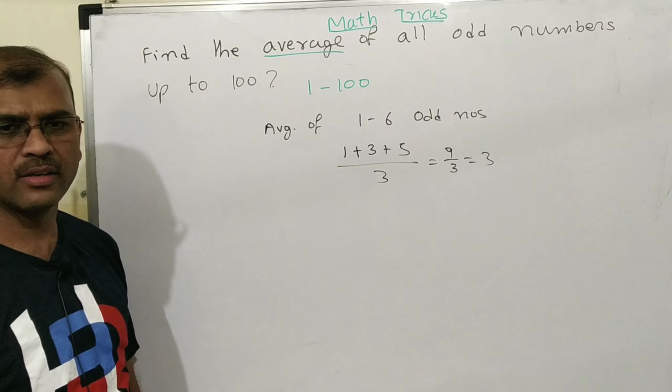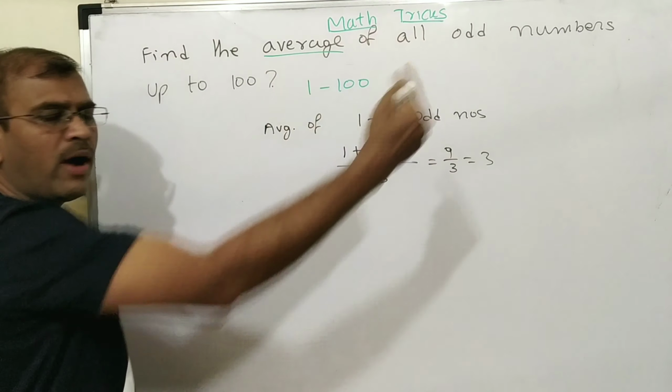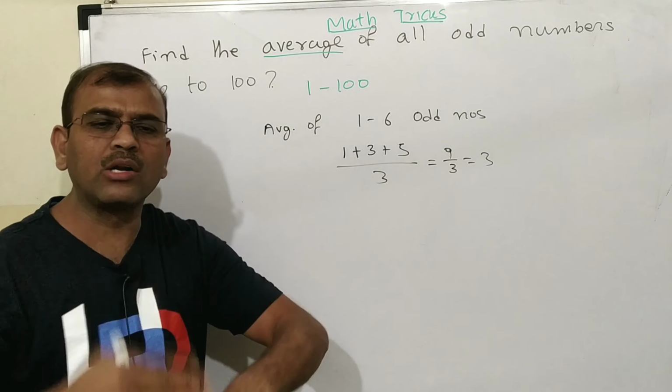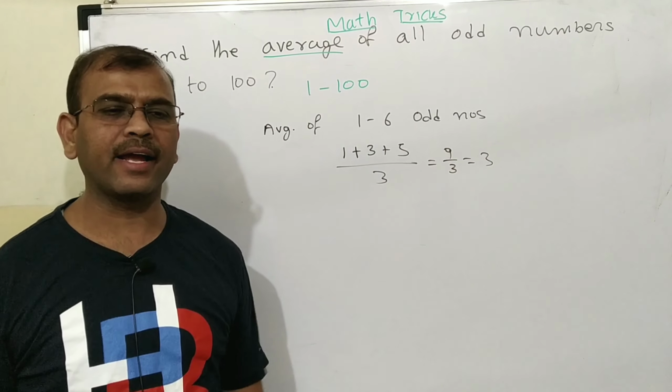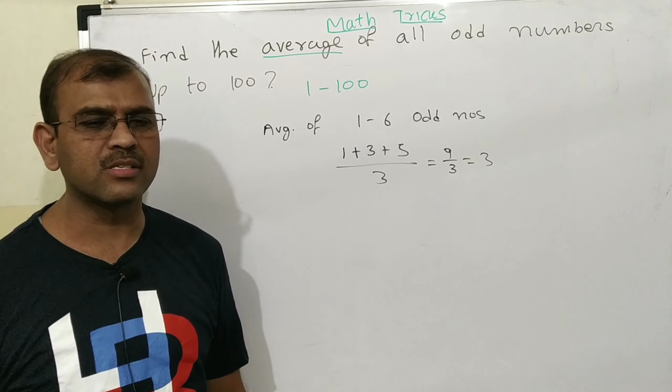Simple one. Now here my question is, I can take it as 1 to 100, or 1 to 1000, or 1 to 1 lakh. So how are we going to calculate for this?